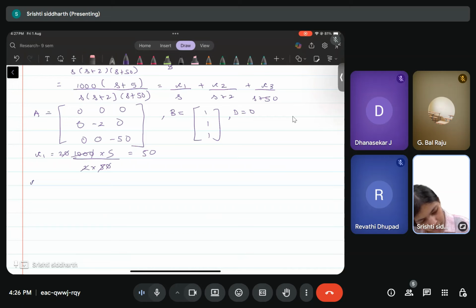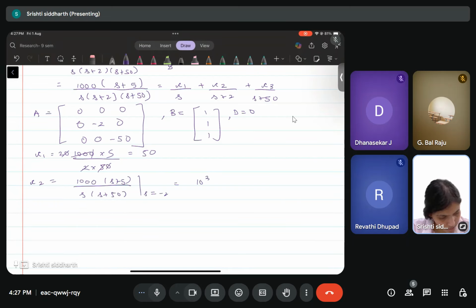Alright, so C2 is 1000 (s + 5) over s (s + 50), evaluated at s equals -2. You can just simplify this.